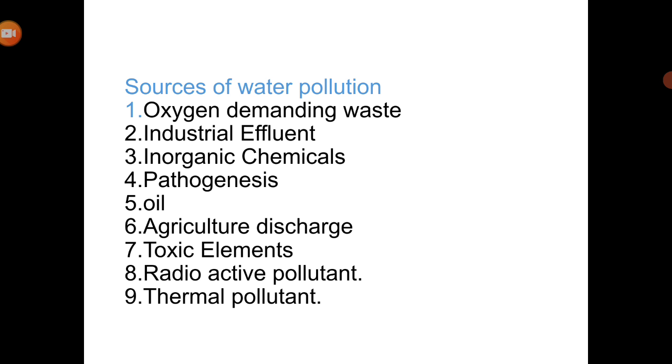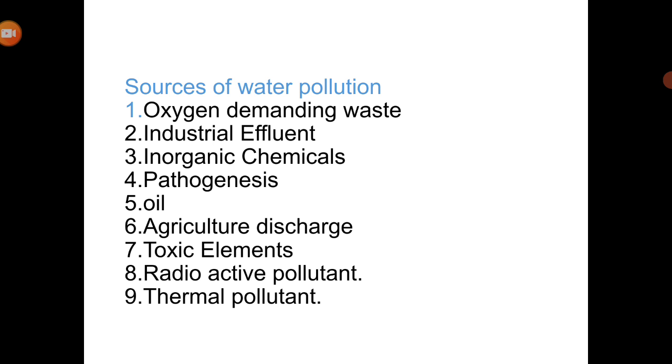Then another main source of water pollution is point and non-point sources of water pollution. Point sources are those which discharge pollutants at a specific location through pipes or ditches into bodies of surface water. Examples are factories and sewage treatment plants.